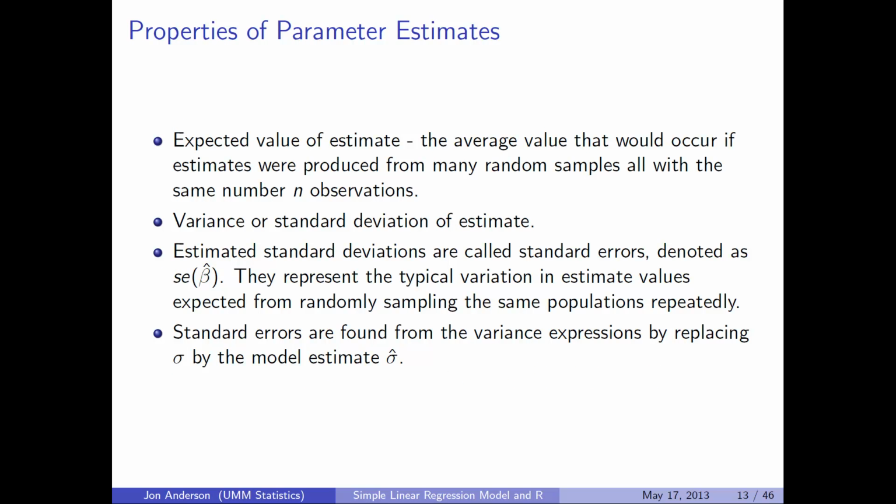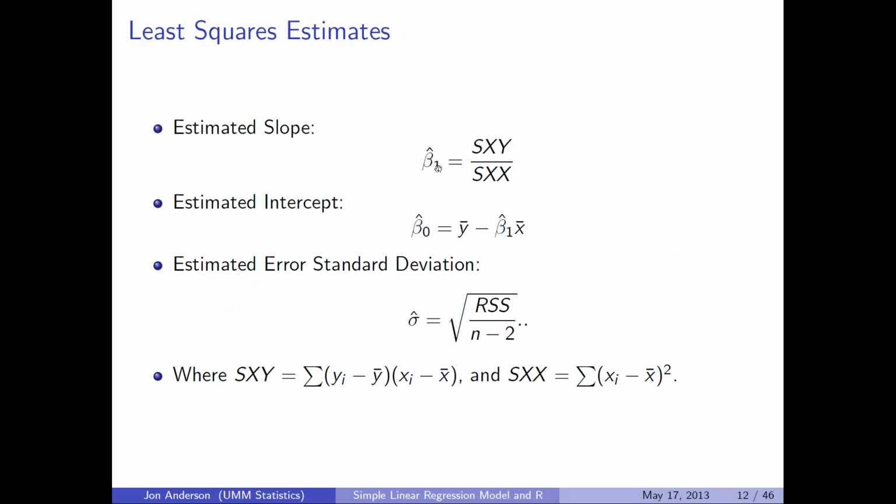Now I'm going to talk about some properties of these estimates and how you should expect them to work. Some of the properties are to understand the expected value of an estimate. If we use this particular kind of estimating formula over and over again on samples from the same data generating mechanism, like this formula right here for the slope, how does this slope formula work from one sample to another from the same data generating mechanism?